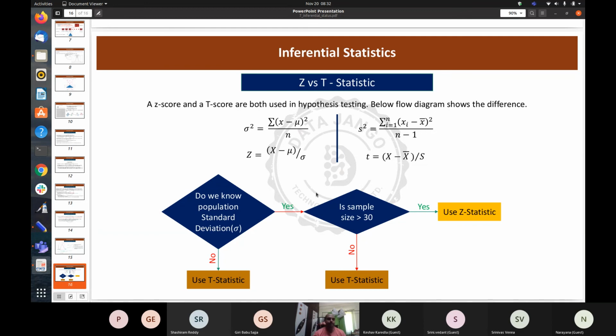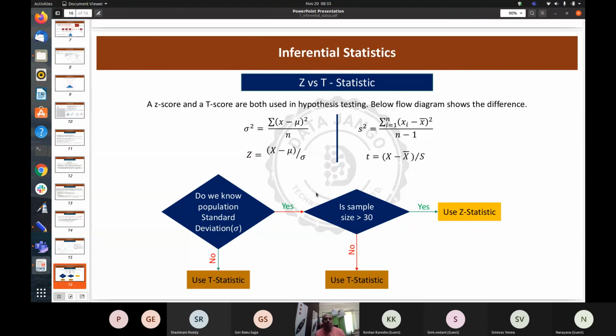Why am I showing this? On Monday we'll see the connectivity between statistics and machine learning. There we'll see the outputs from the machine learning algorithms as t-tests, because we don't know the population standard deviation. In real time you will not know the population standard deviation because the population is ever growing. And model training we always do with samples only.